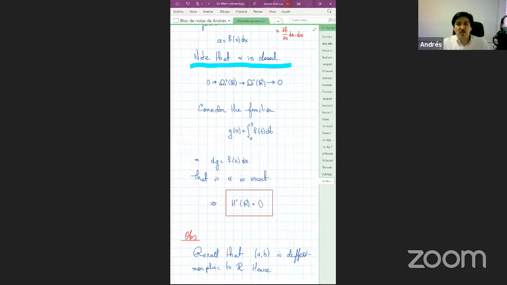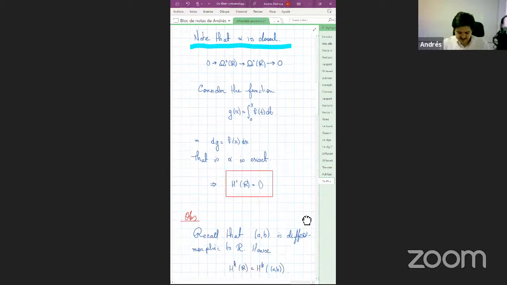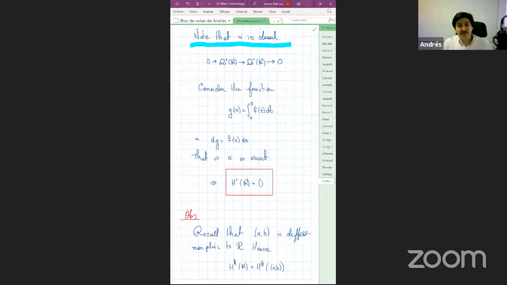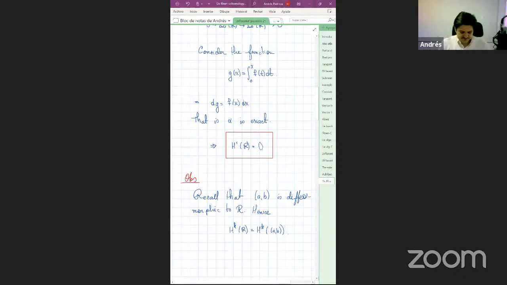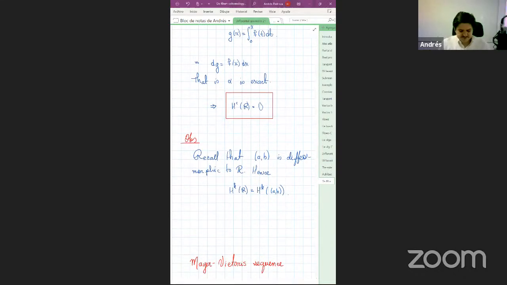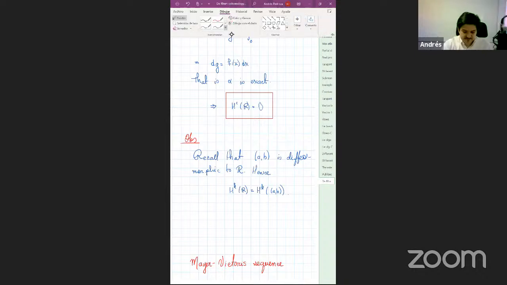So because the two are diffeomorphic, they have the same cohomology, okay? So you also know the cohomology of any open interval. It is the same as the real numbers. Right. Any questions?